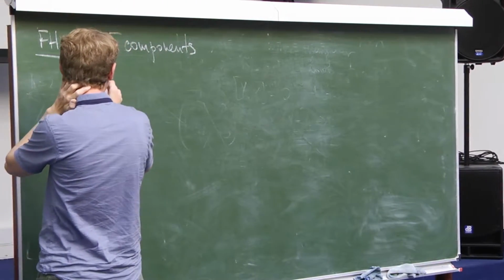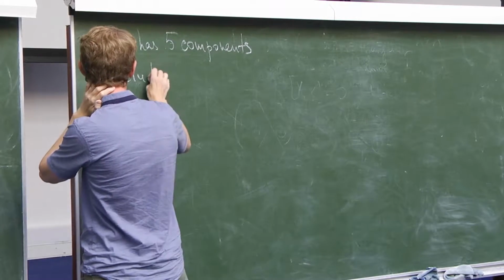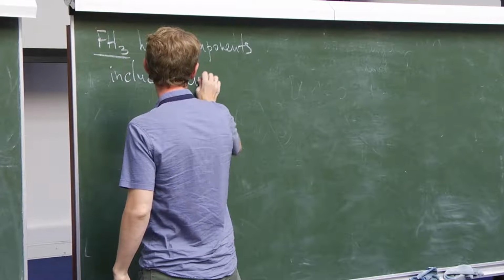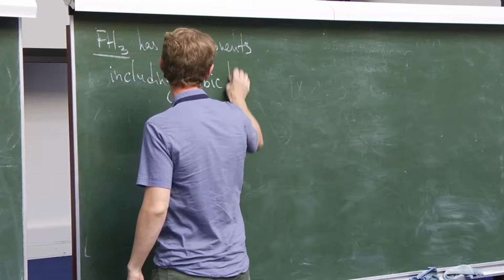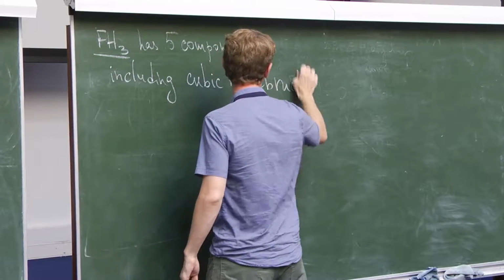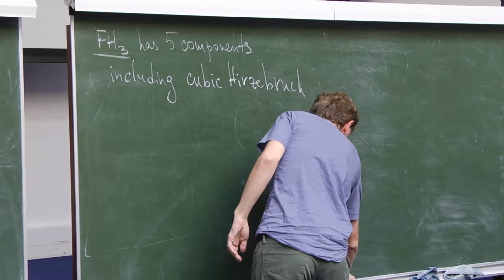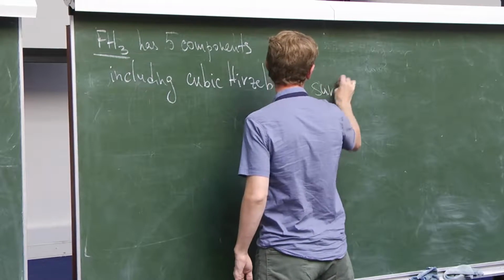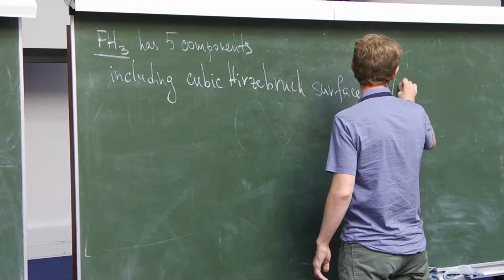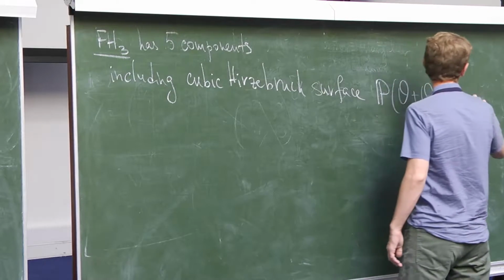I don't want to describe all of them, but one of them is a cubic Hirzebruch surface, the projectivization of O plus O minus 3 over P1.